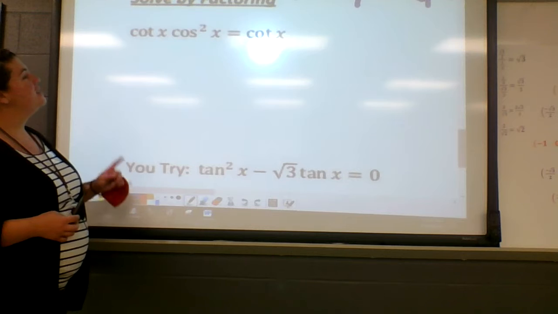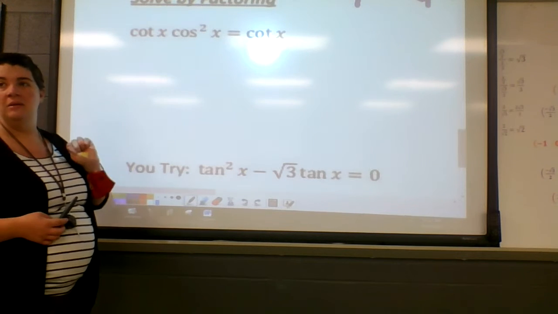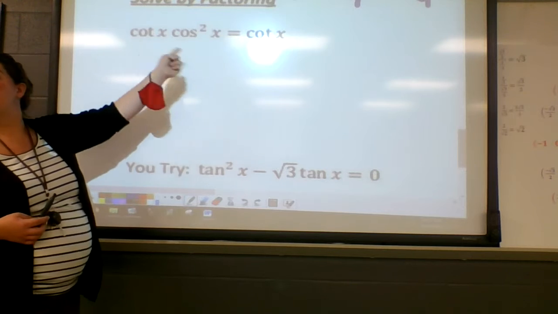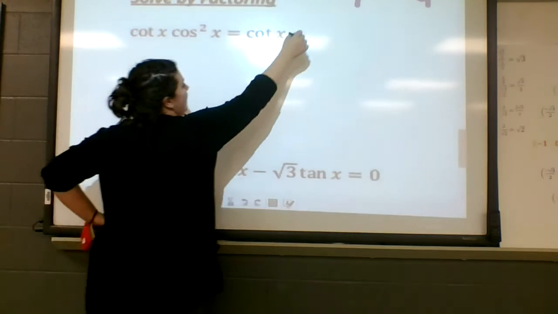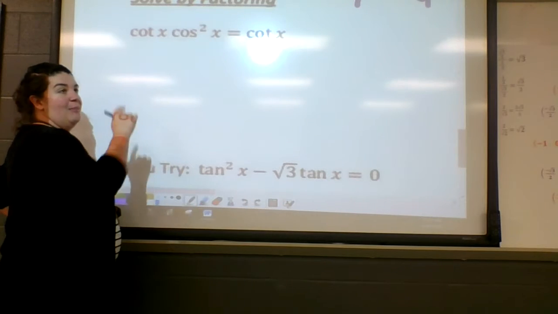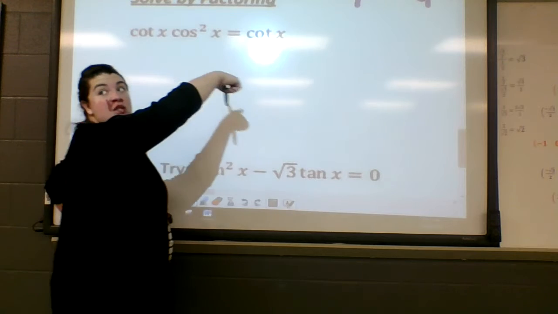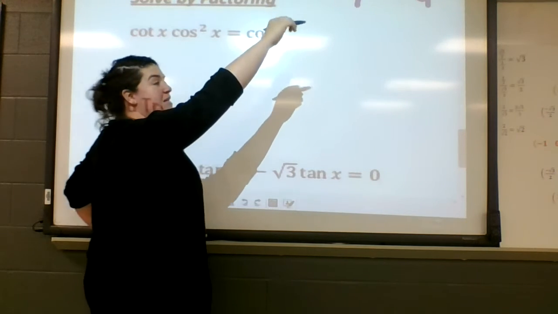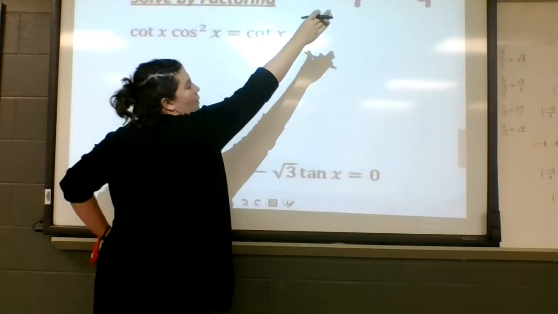So would you like to move over just the cotangent or the cotangent with the cosine? You want to move the cotangent with the cosine over? Okay, so if you move this over here, it will be positive on this side and negative, right? You're just subtracting it over. Technically, this is a positive term, and you move the whole thing at once by one big subtraction.